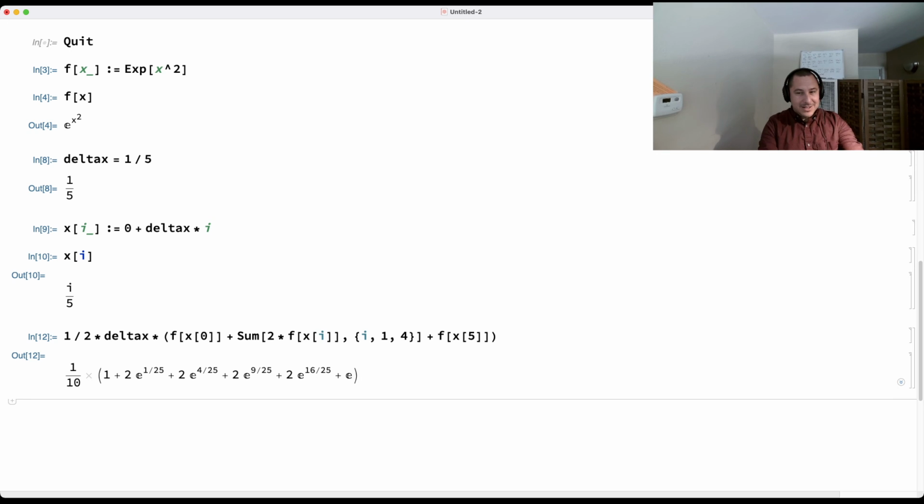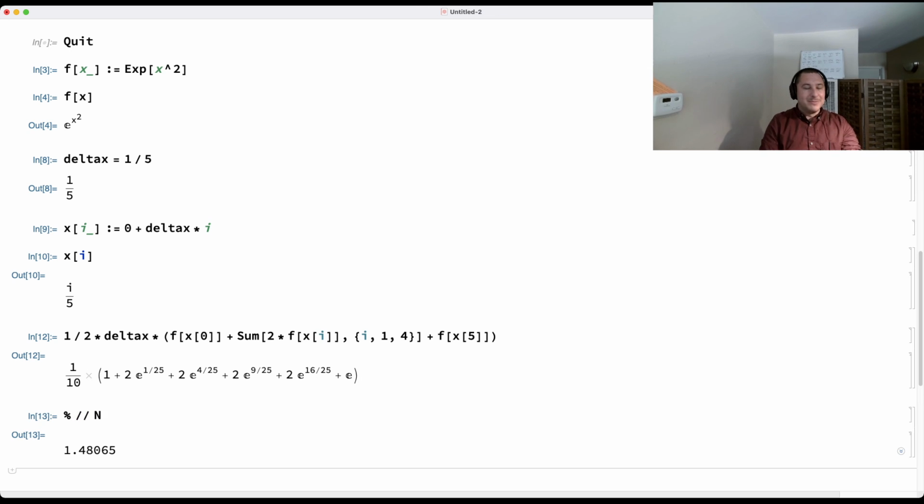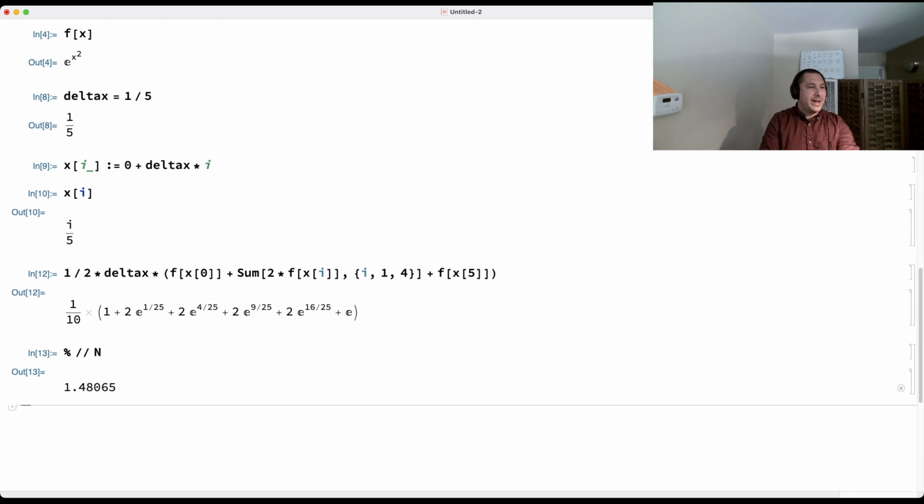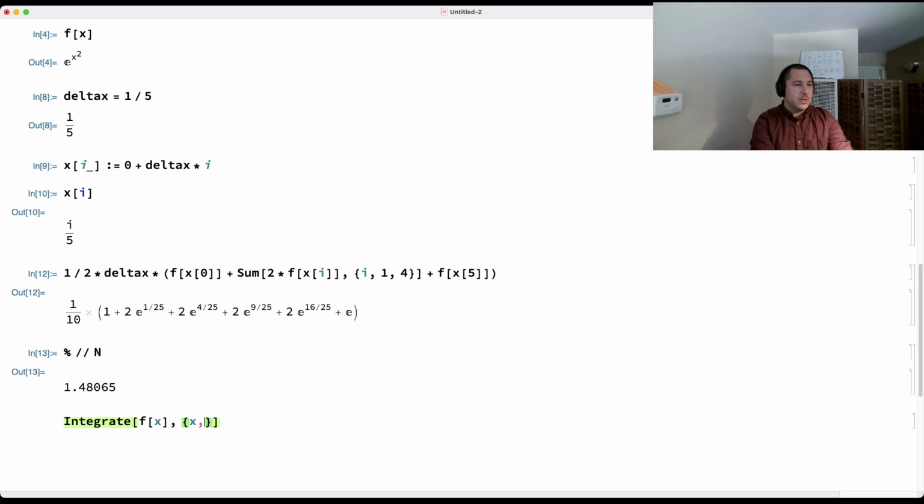And then you could just say, hey, turn that into a decimal for me. 1.48065. And you can compare this with what you get if you were just to have the function integrate from, what were we integrating between? 0 to 1?